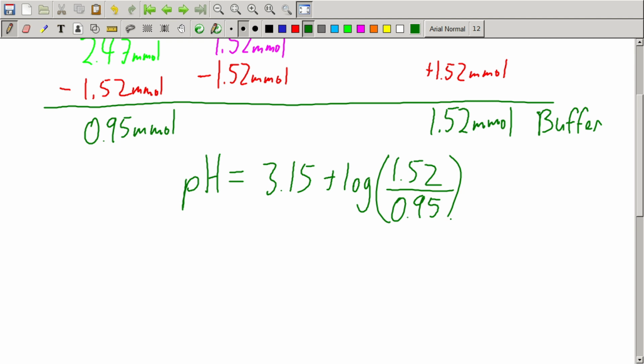So we would expect this buffer, because we're beyond that halfway point, we would expect this buffer to have a pH of greater than 3.15. Okay, so that fits.